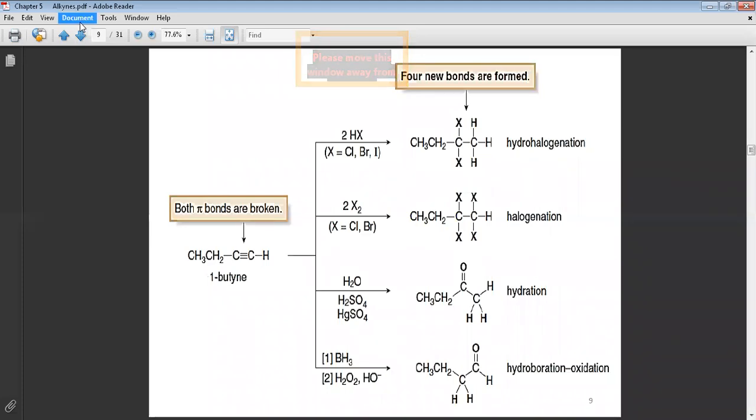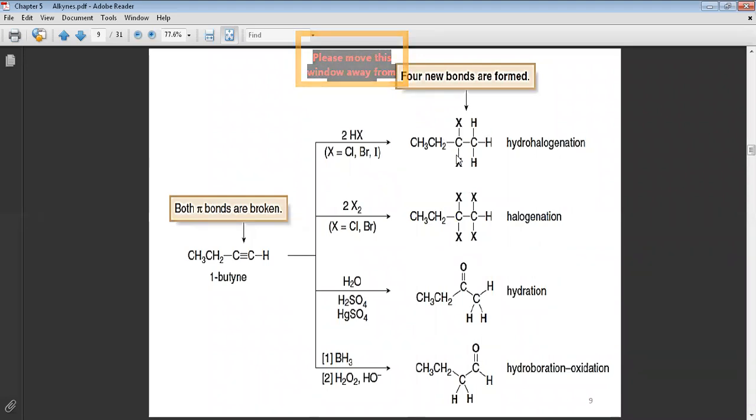Look here, if you have butyne with the triple bond, and we add 2 moles of HX, the product has the hydrogen here and the two halogens bonded to the same carbon.